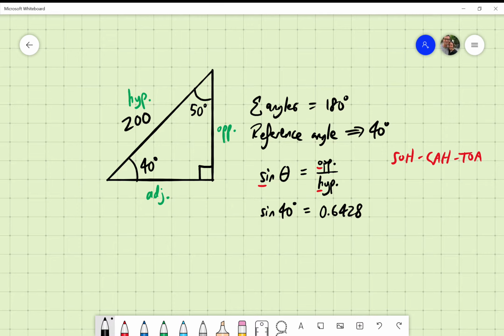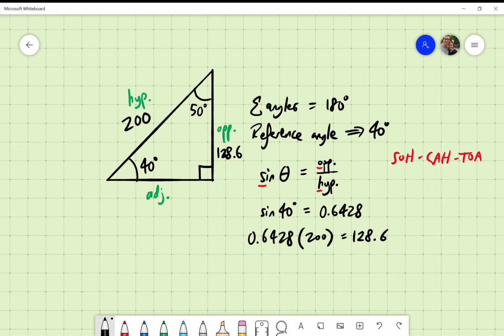So what is 0.6428 times that 200? I still have that number on the screen, so I just do times 200, and I get 128.6. So that must be the length.